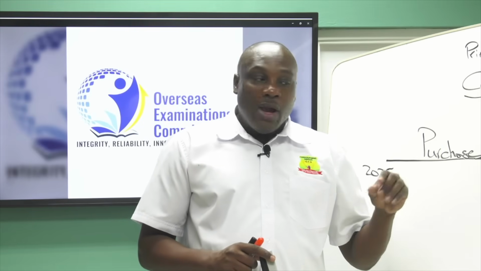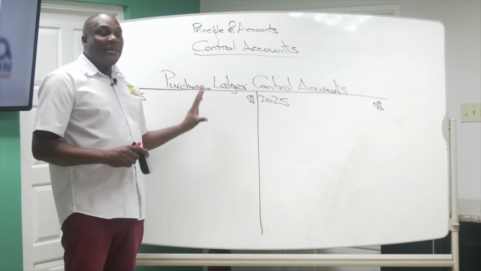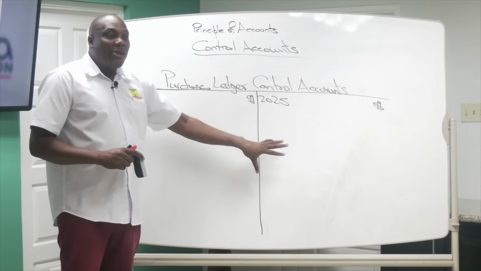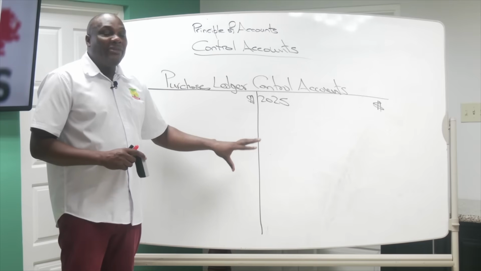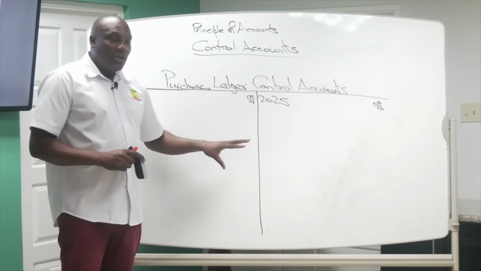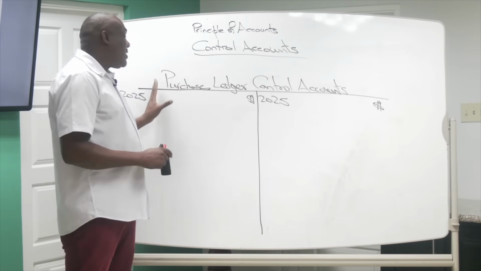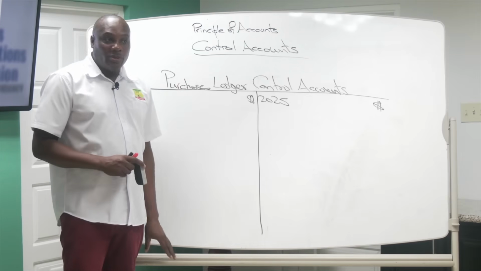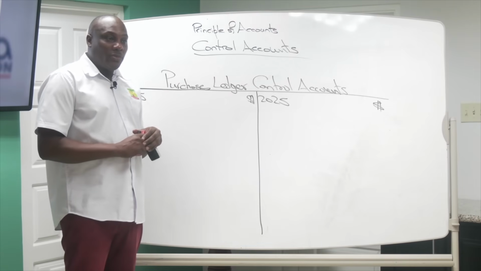Any information right here represents all the aggregate amount in value that affects creditors. We get this information from the purchases ledger, hence the name purchases ledger control account. Creditors are found in the purchases ledger control account.